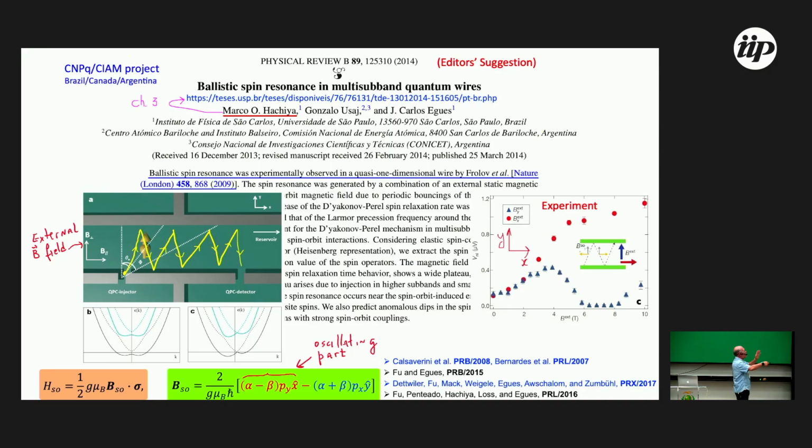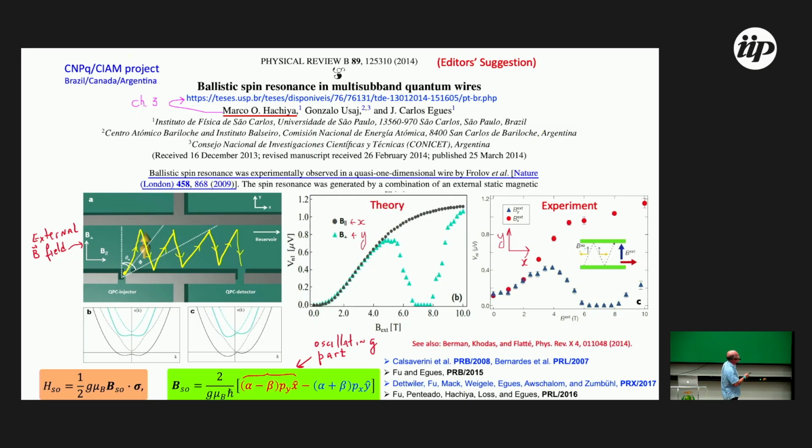We can discuss this later, but the detection here will correlate the spin that you inject with the spin that is being measured here, and when it's in resonance, you basically depolarize the whole thing. So you'd see the dip, but they ended up seeing actually a plateau, which was hard to explain, and then we did this simple calculation, quantizing the system because it's a wire, and we found very good agreement.